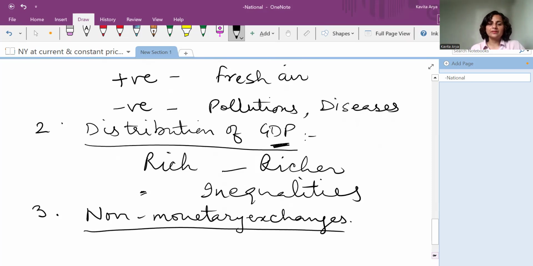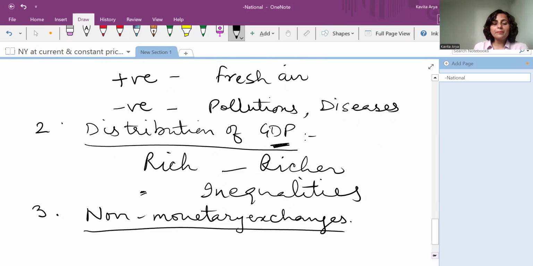A number of things, when we do the kitchen garden or when we are doing any such activity, and there are a number of things which happen in barter also in the interiors and the remote areas. All those non-monetary exchanges are not taken into calculation while we are calculating the GDP.